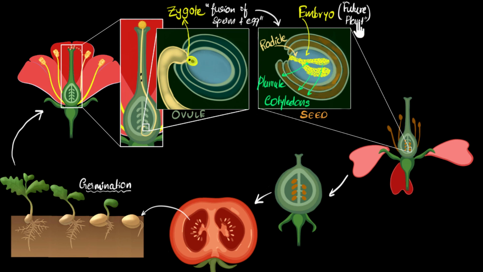The embryo is the future plant. The cotyledons of the embryo are going to nourish it once the seed starts germinating. The radicle is where the root grows, and the plumule is where the shoot starts growing. At the same time, the flower loses all its other parts, the ovary swells and becomes the fruit. And eventually, as the plant grows, the cotyledons shrink, and now the leaves take care of all the nourishment and the food requirement of the plant.